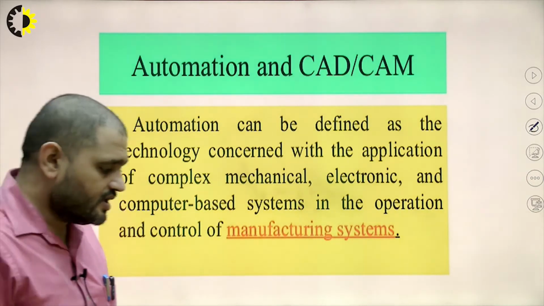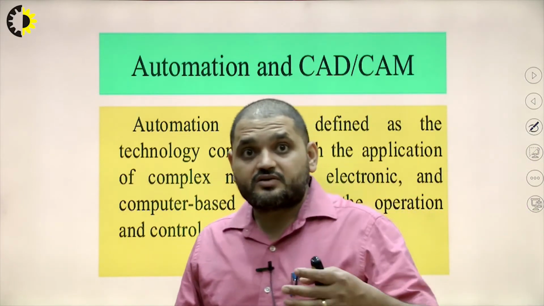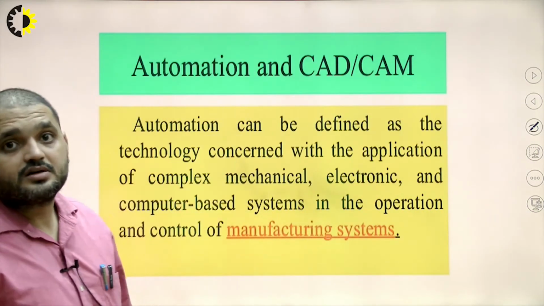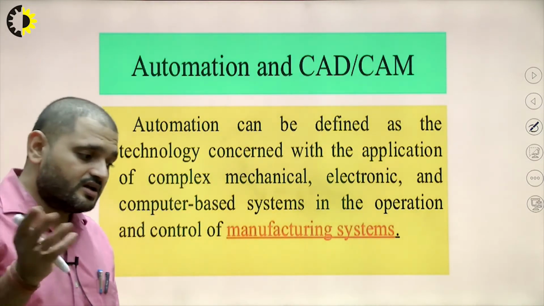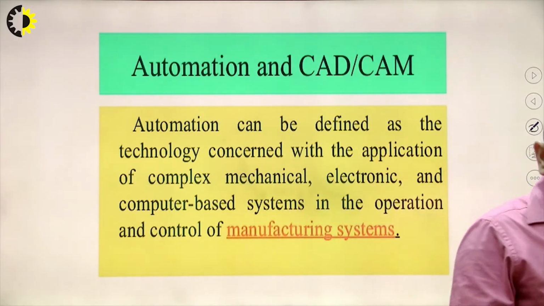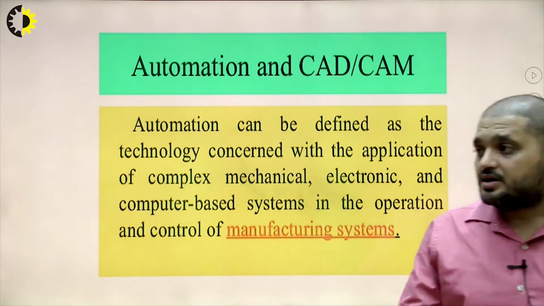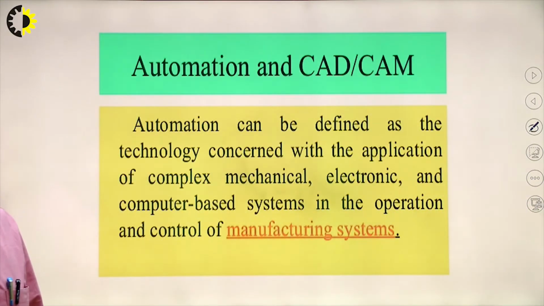You have heard about Ford automobiles. This word was coined in the 18th century by Henry Ford at that time. So you can imagine how big that company was at that time.